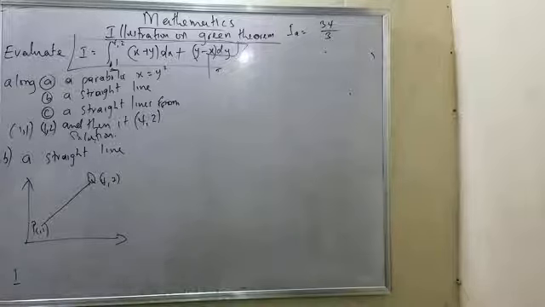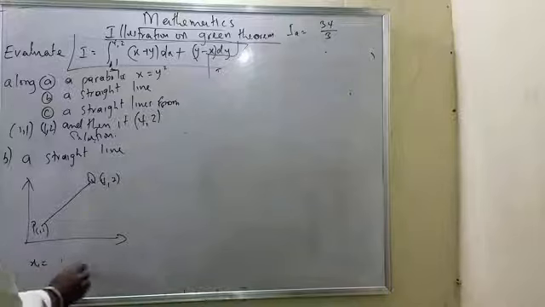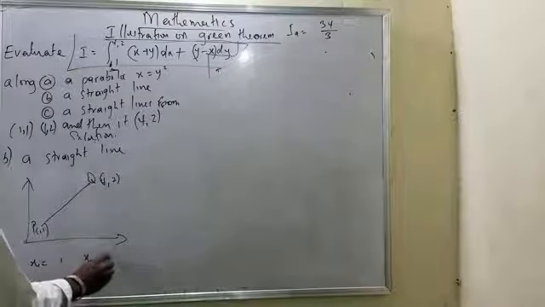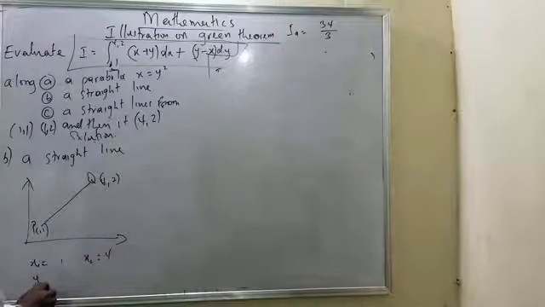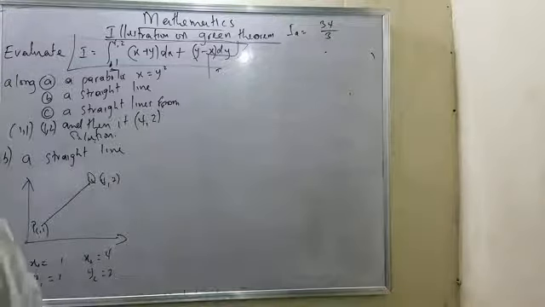Now at a point, my x1 equals 1, my x2 equals 4, my y1 equals 1, my y2 equals 2. Now I can go to my straight line.